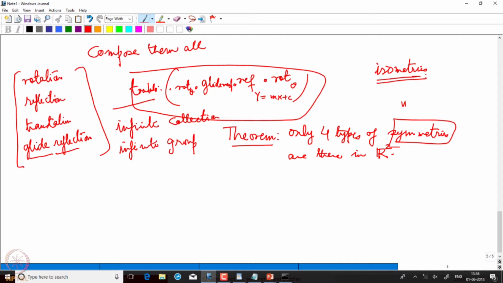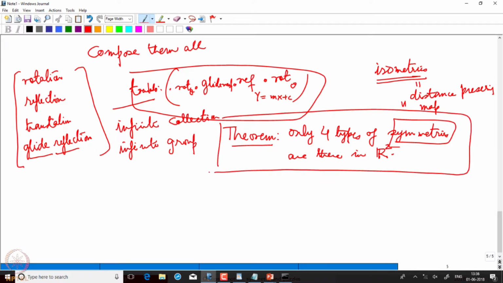So here isometries meaning distance preserving maps. If I have 2 points x and y, after performing one of these symmetric operations, the distance should be preserved. So if x goes to x dash, y goes to y dash, then the distance of x dash and y dash is same as distance between x and y. So that's the theorem. There are only 4 types of symmetries in R2.